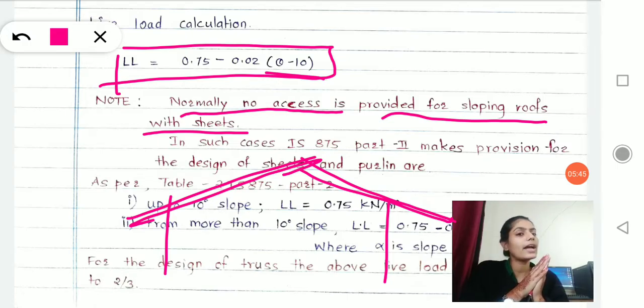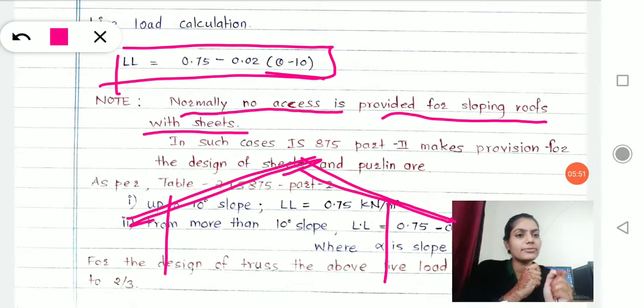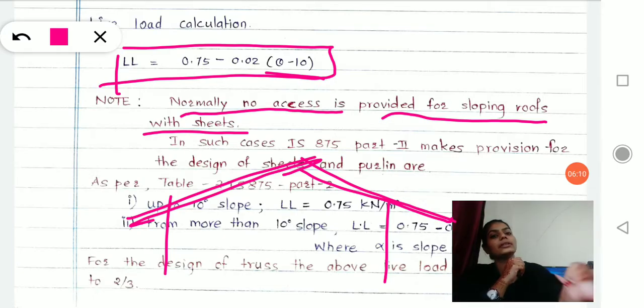Here we are only providing an arrangement so that people can go on the roof of your truss to carry out maintenance activity, right? And that's why this roof is also designed for some live load, and that live load is taken from this calculation. See here how we do that.